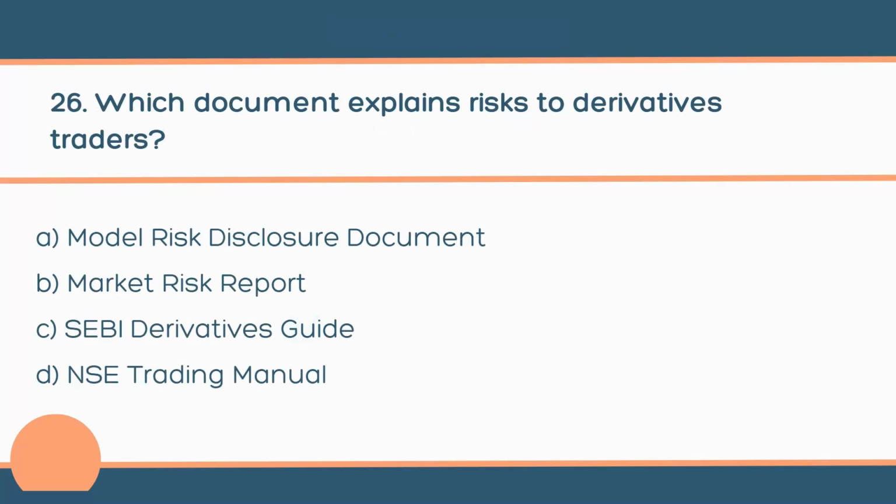Which document explains risks to derivatives traders? Risk disclosure document. Every trader must receive this document outlining all major risks in derivatives. So the answer is A, risk disclosure document.